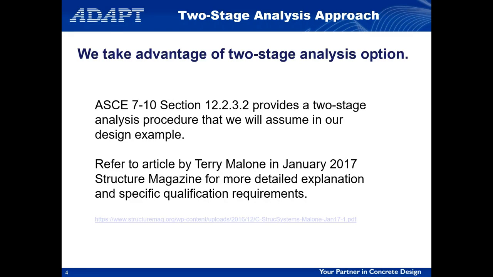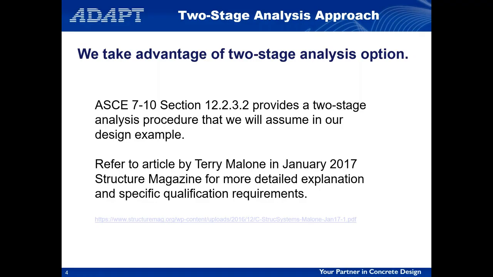Also, the discussion and the workflow that I'm going to highlight relies on the fact that we are allowed to do a 2-staged analysis. Here is a section from ASCE 7-10 that says we can break the structure into 2 sections.